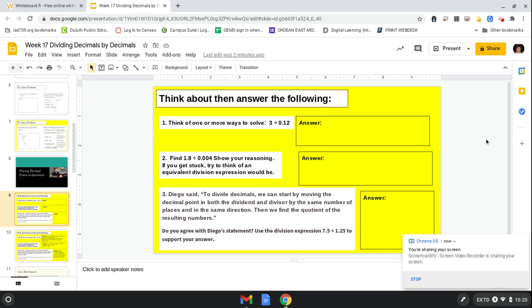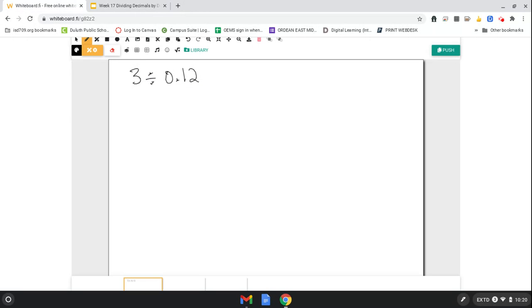Sixth graders, in this lesson, we're going to be dividing decimals by other decimals. The first problem on this slide is think of one or more ways to solve 3 divided by 12 hundredths. So we can do many different things here, but one of the things that we can do is multiply both the 3 and the 12 hundredths by 100.